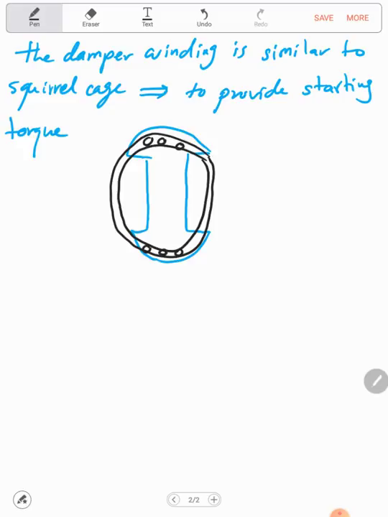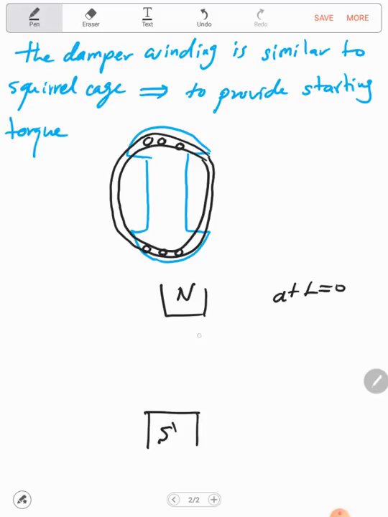Simply, if we recall a two-pole machine, let's assume this is the north, this is the south, and here let's assume that this is a revolving magnetic field. So let's assume at t equal to 0 we have the following location.